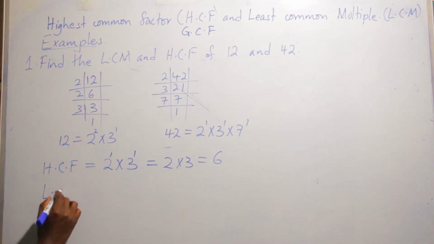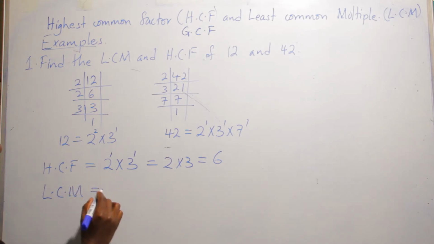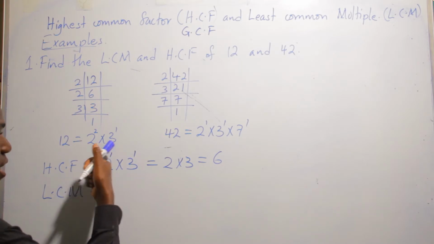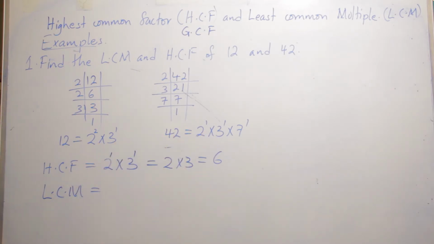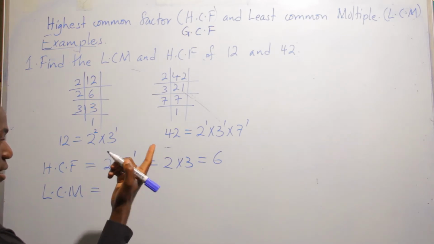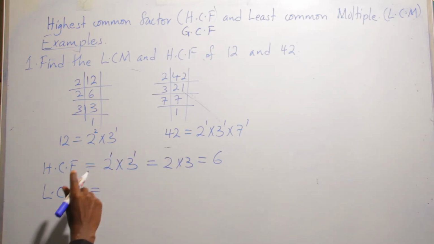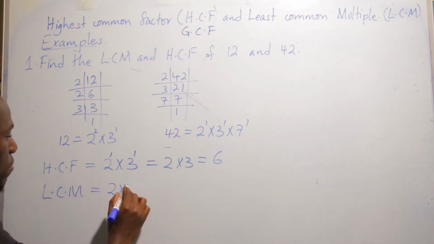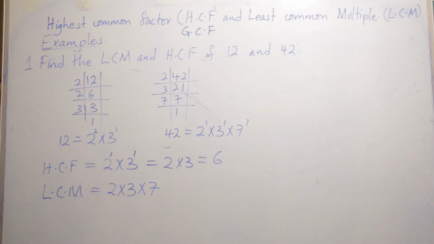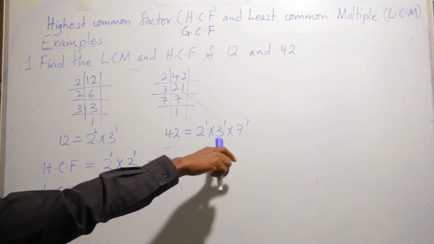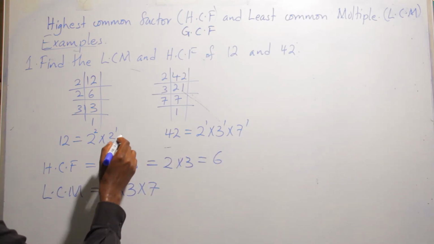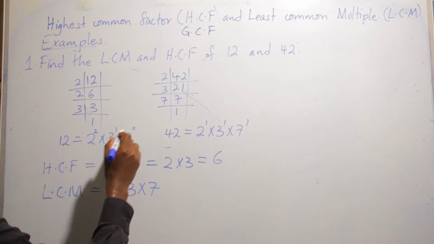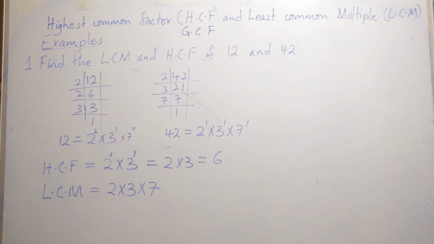Then to get the LCM, I look at the products of the prime factors, those that are common and those that are not. So that is 2 times 3, then times 7. 7 is appearing on the other. In other words, the 7 for this one would have been 7 power 0.